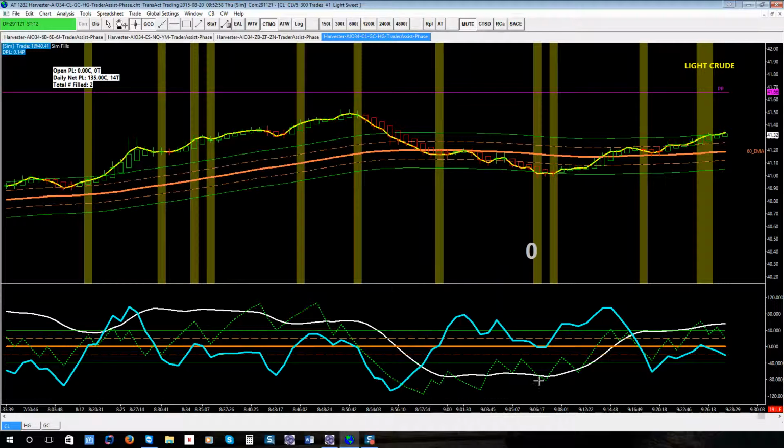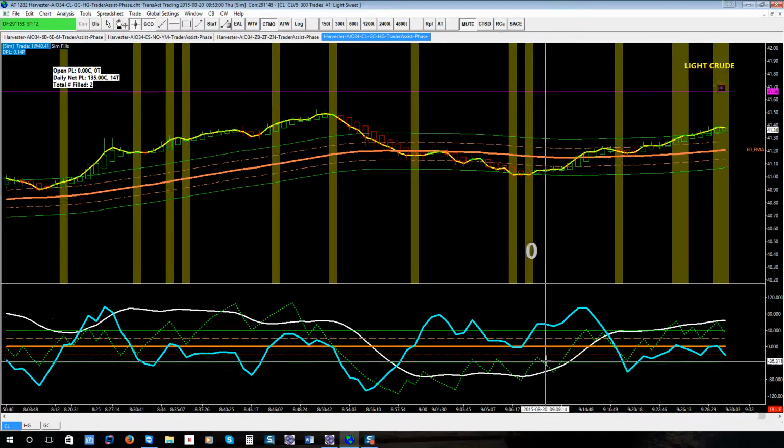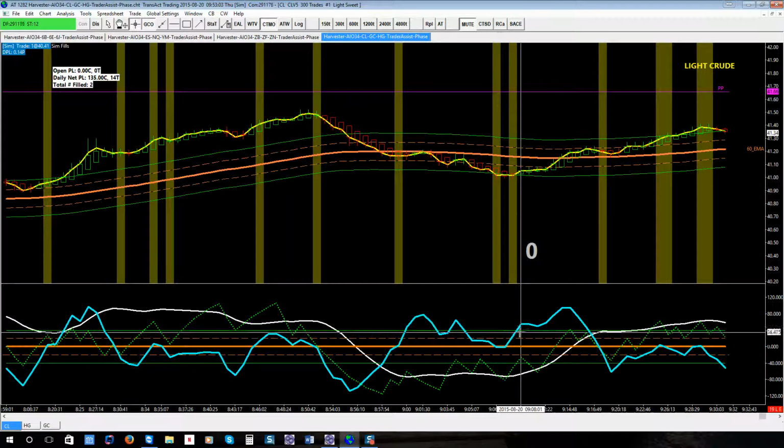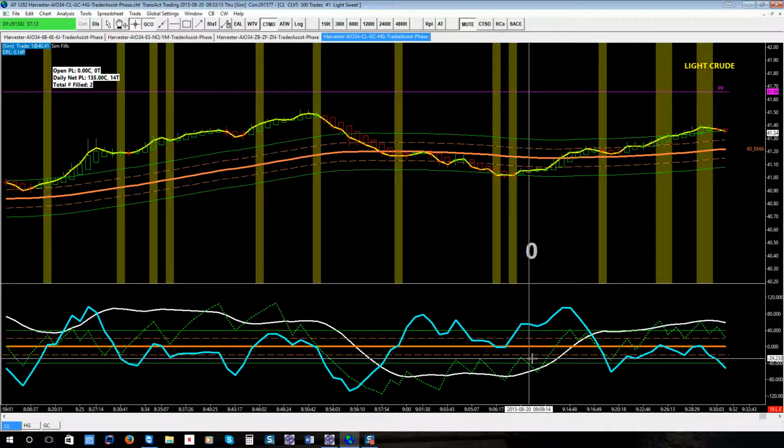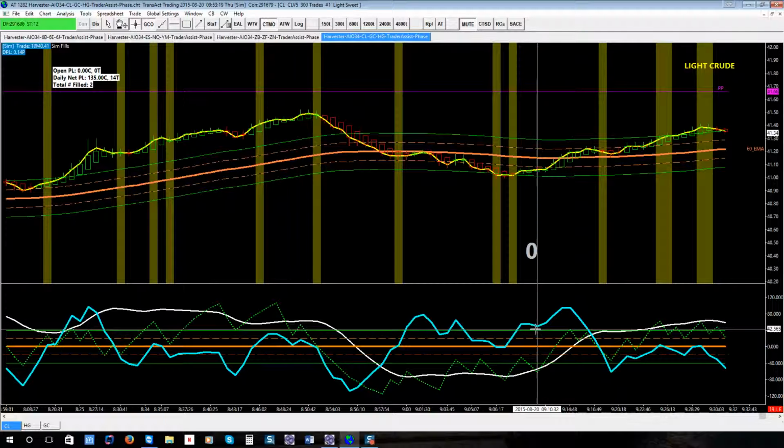Now let's take this long. Signal 1, blue gets outside of the upper mids. Signal 2, volume is with me. Get in. Stay in, even though the blue MACD kind of turns against us. But the blue MACD flattens.